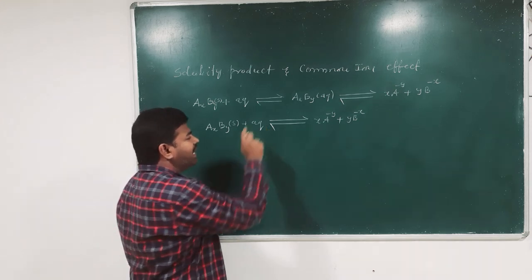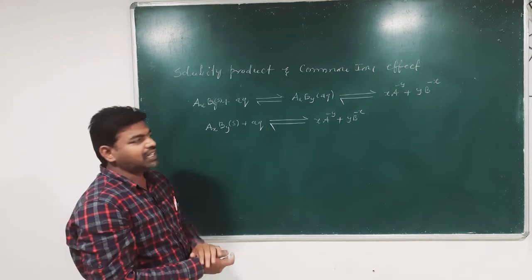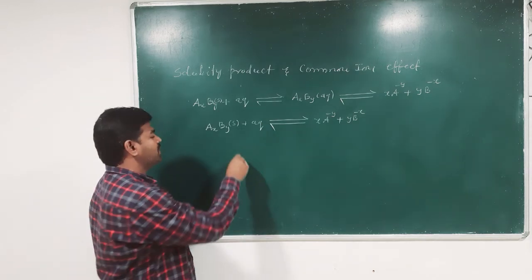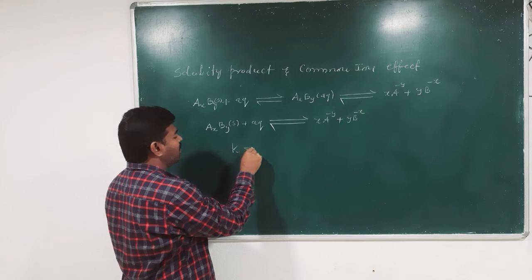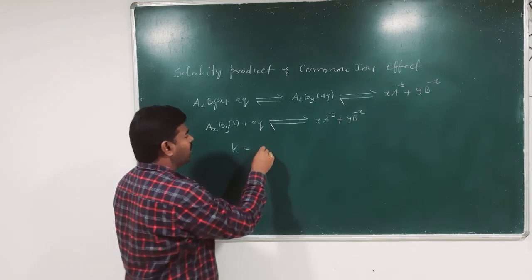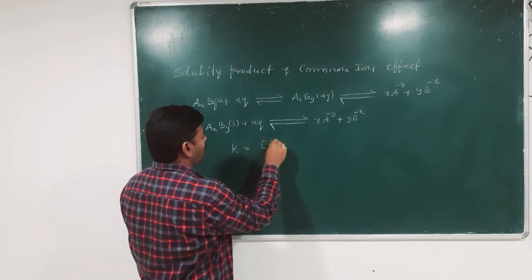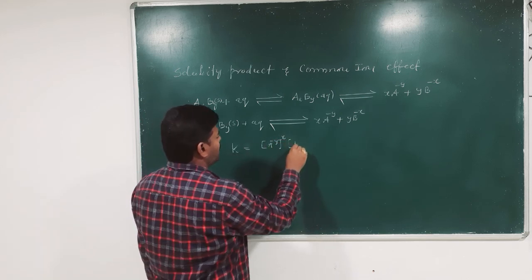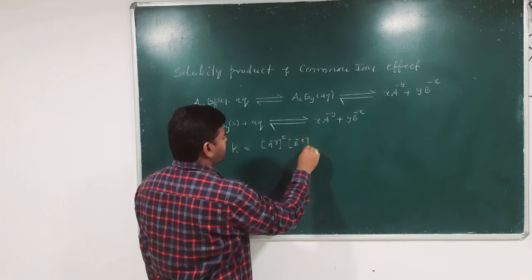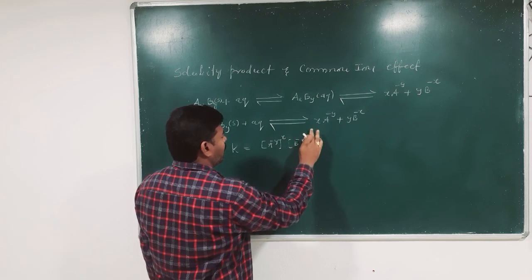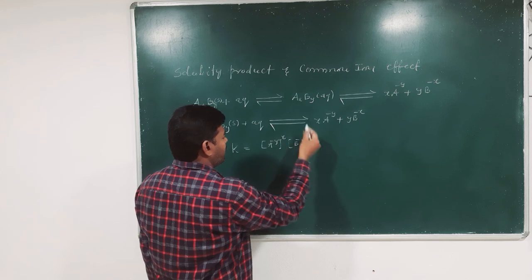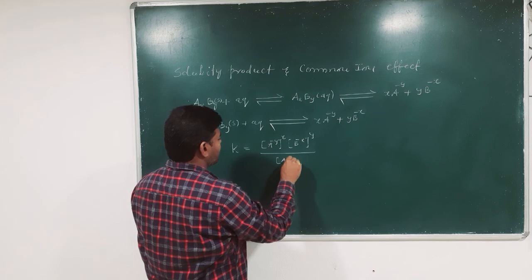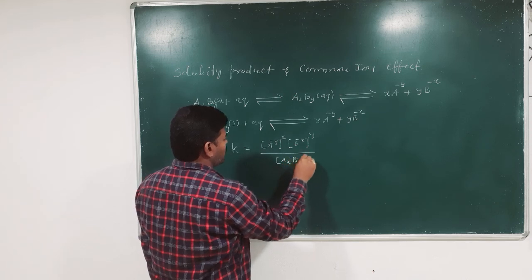It is a reversible reaction, so we can write the equilibrium constant K equal to the concentration of A^(y-) to the power x and the concentration of B^(x-) to the power y, divided by the concentration of AxBy solid.